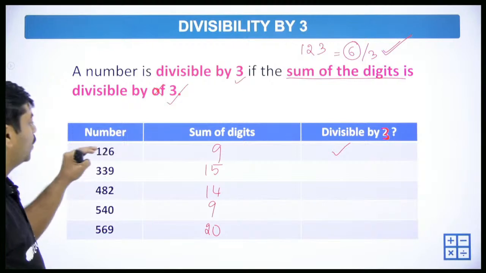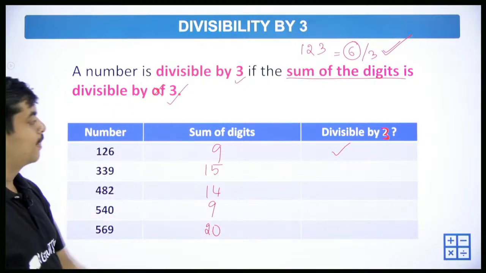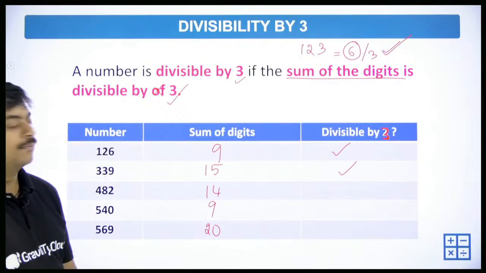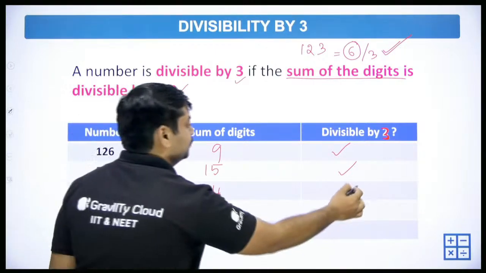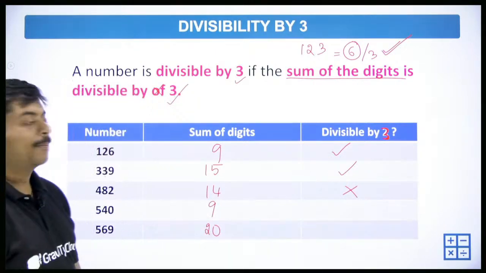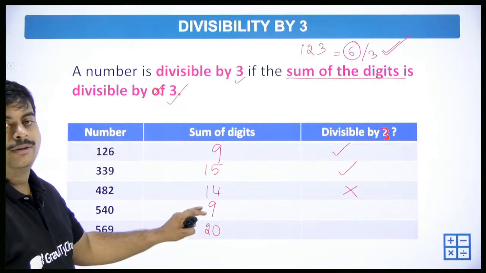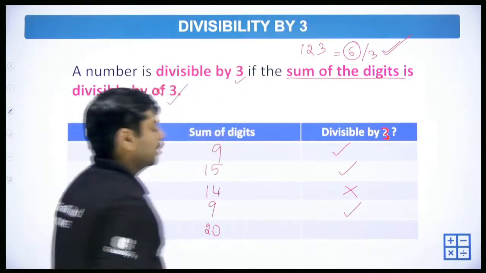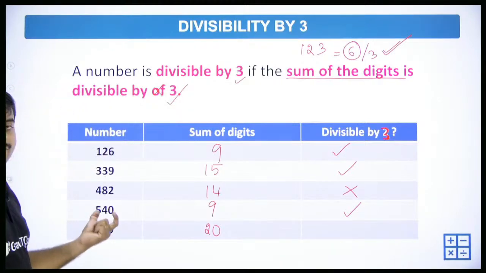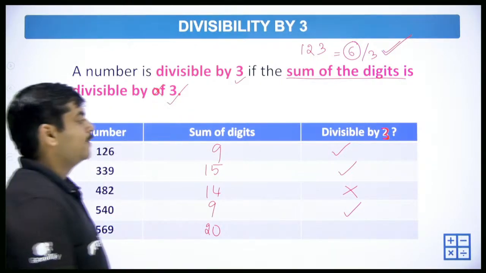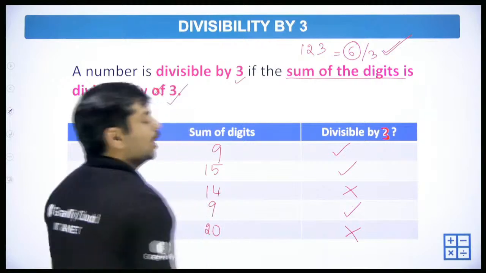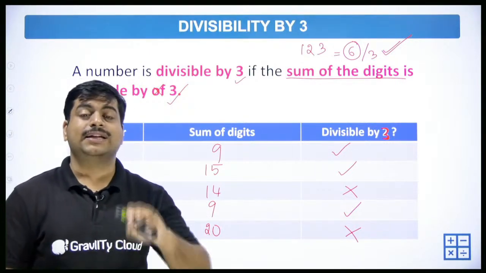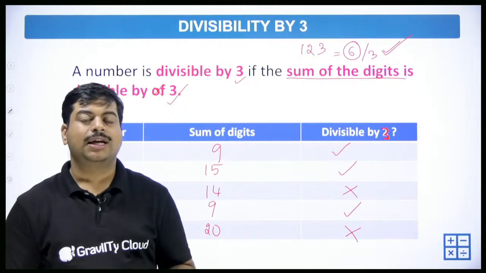So I can say that 126 is divisible by 3. 15, yes, it is divisible, 3 into 5. 14, no. And 9 is divisible by 3, so the complete number 540 is divisible by 3. 20 is not divisible by 3. So this is how you can understand whether a given number is divisible by 3 or not.